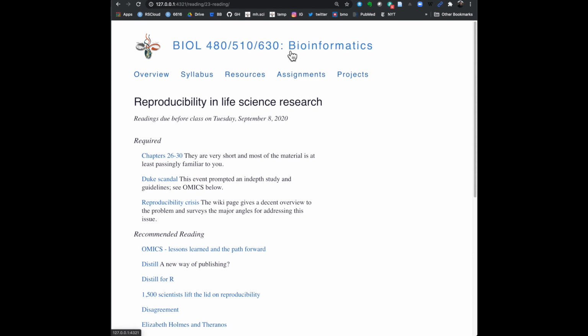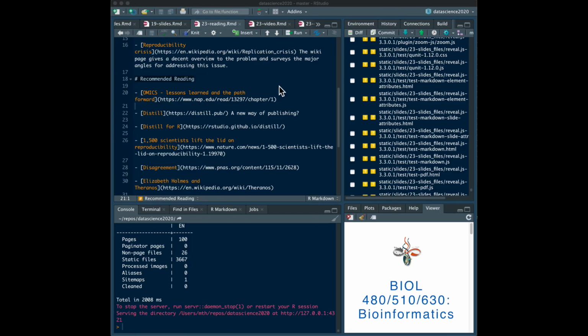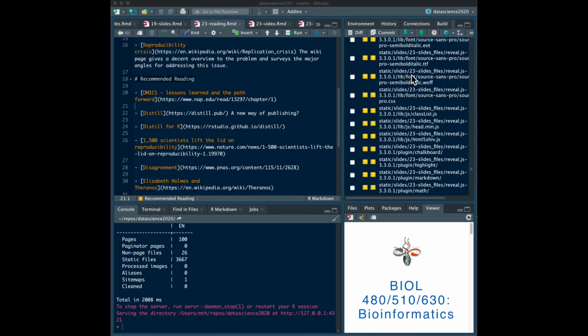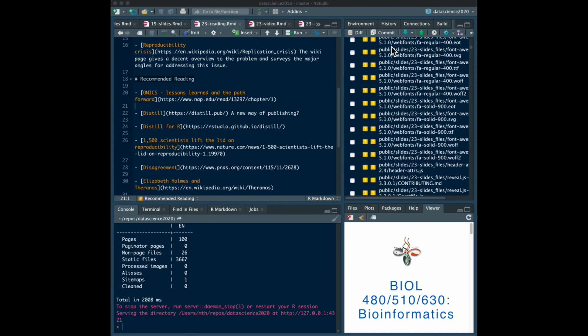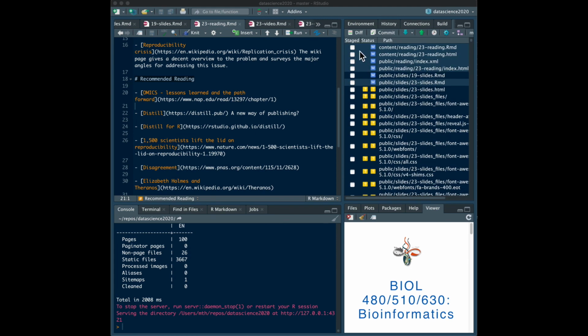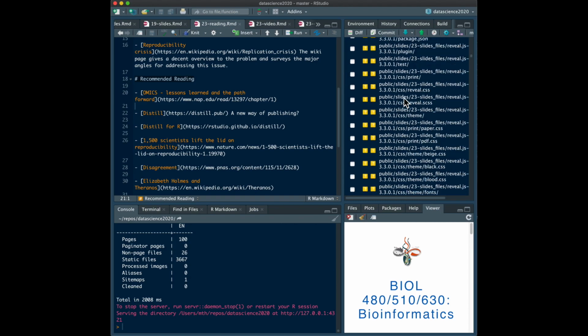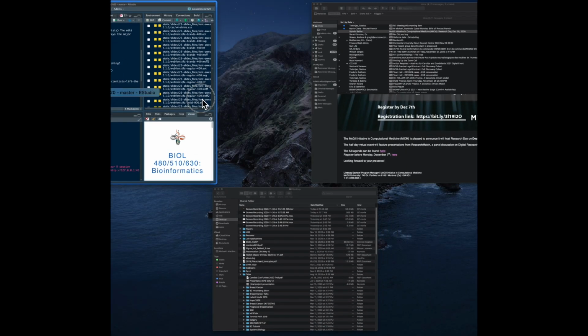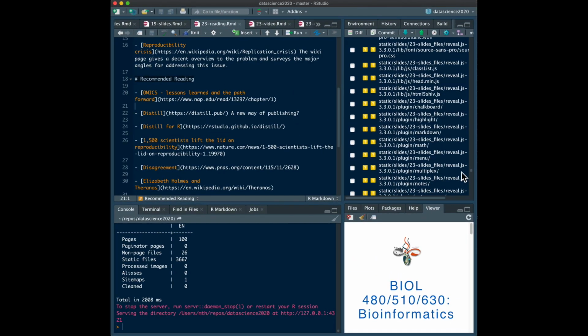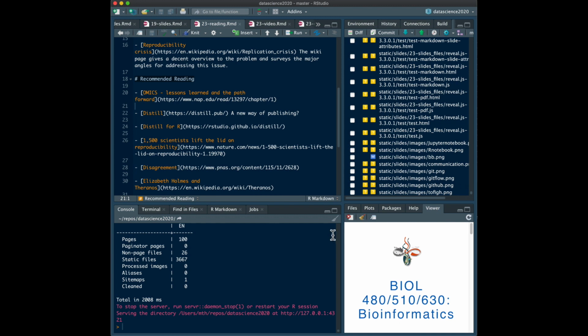And now I'm ready to push all of these changes to the main repository at GitHub. And so what I would do is I would come in here and I would commit, what's called commit, all of these files. And I can do that very quickly. And come down here and commit all of those.